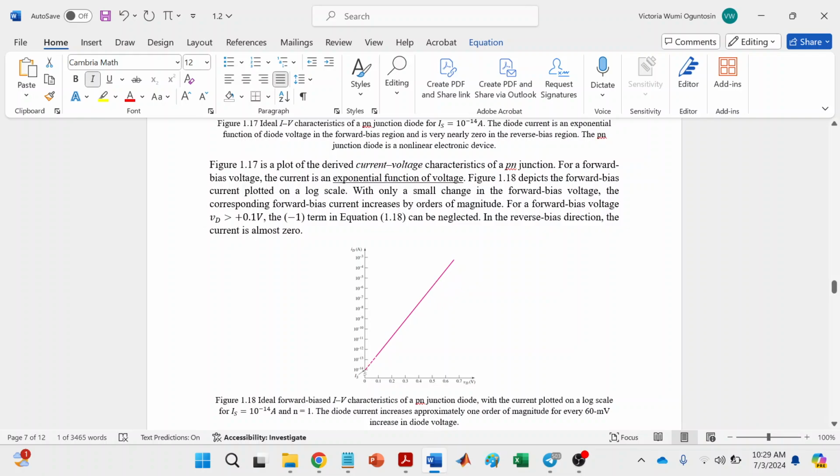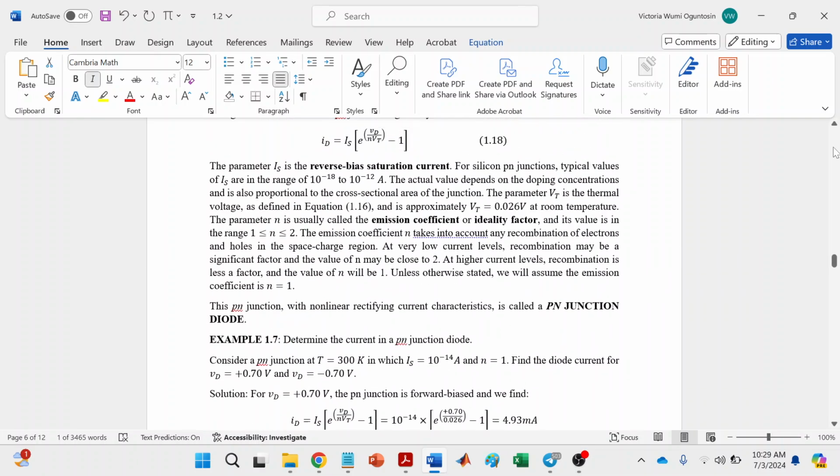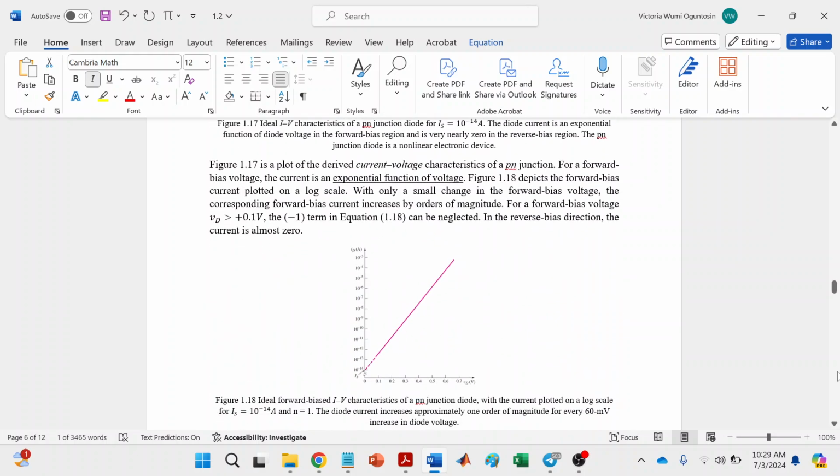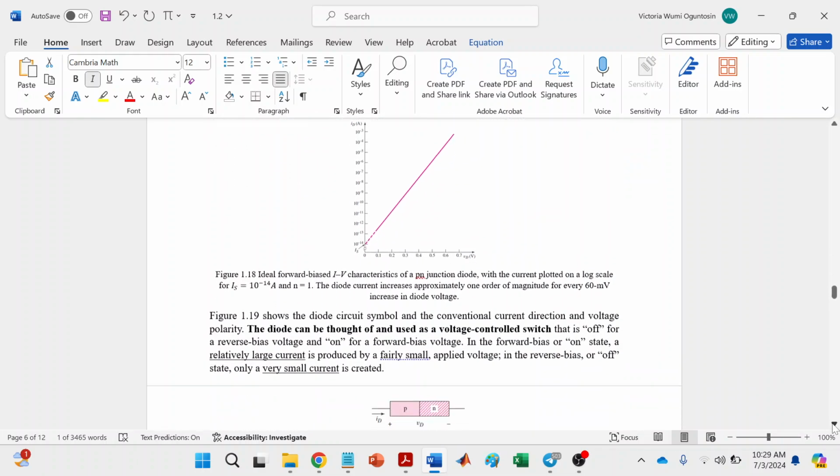It's essential to note that in the forward bias case, if the forward bias voltage is greater than 0.1 volts, you can simply ignore the minus one term.